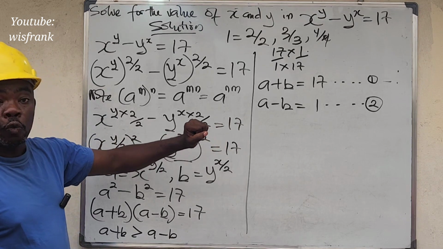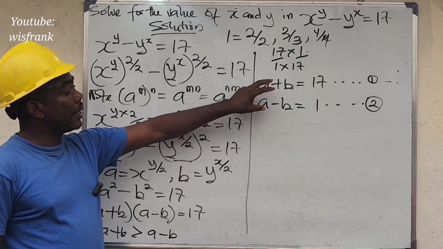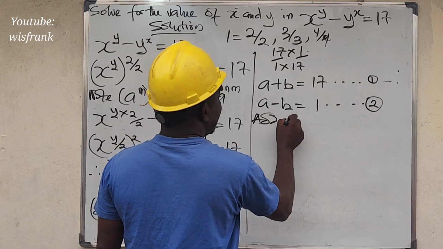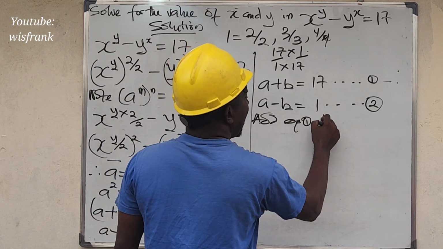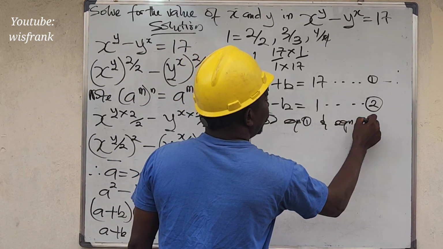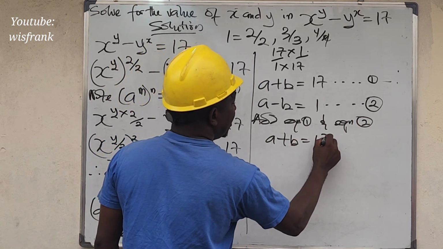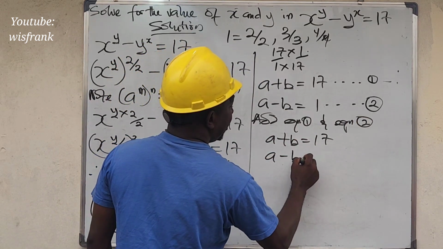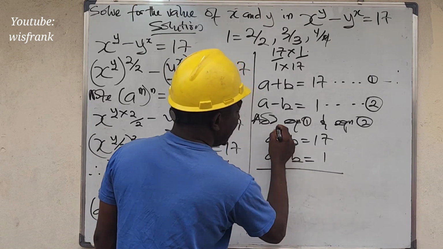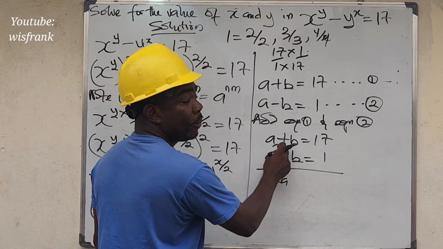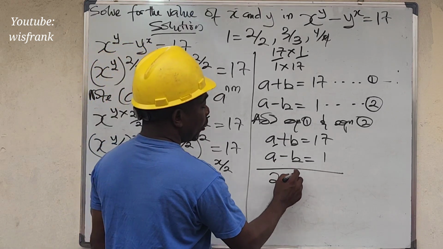So here, for us to further simplify this, let's add equation 1 and equation 2. So this will become a plus b equals 17. Then we have a minus b equals 1. Adding these two, a plus a will give us 2a. b minus b will give us 0.